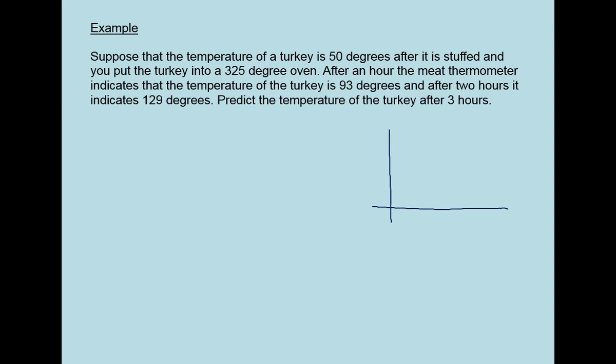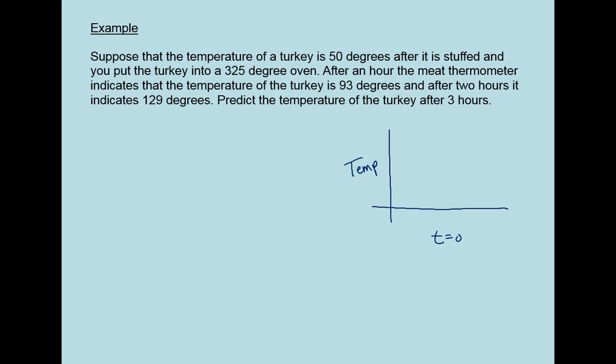If I was to graph the data given in this problem, with this axis time and this axis temperature, at time 0 the turkey is 50 degrees after it's stuffed, and you put it into a 325-degree oven.